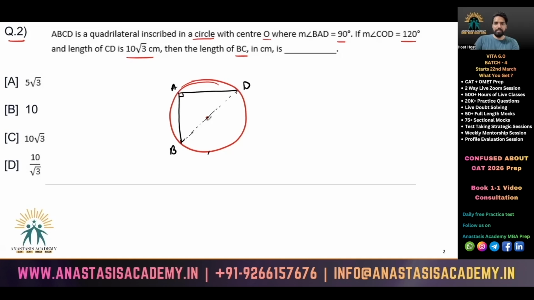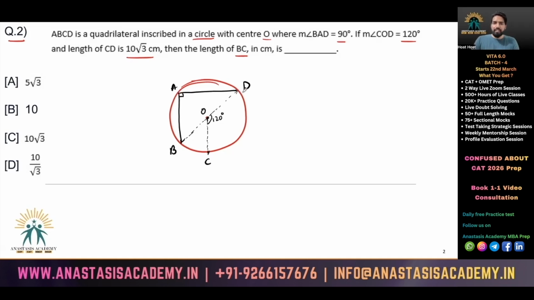So this would be COD. This is vertex C, this is O, and this is D. This angle is given as 120 degrees. So this is the precise diagram for the question.